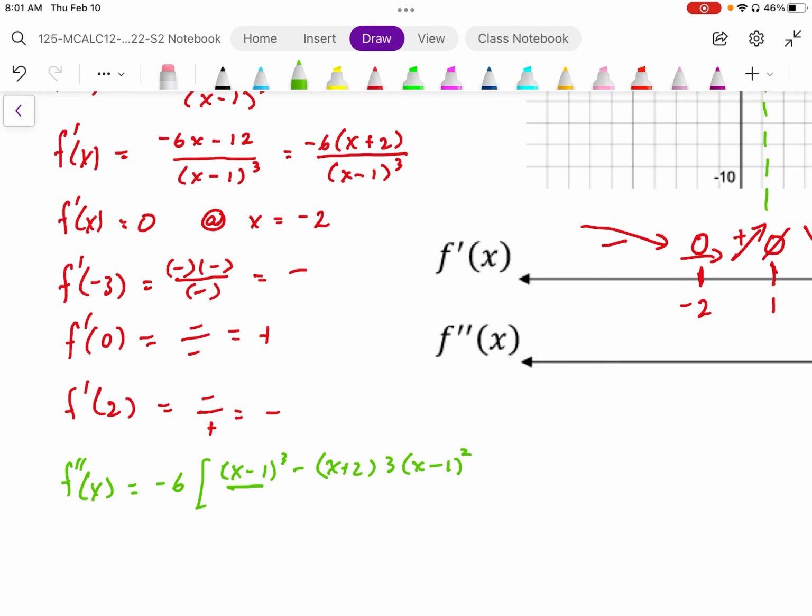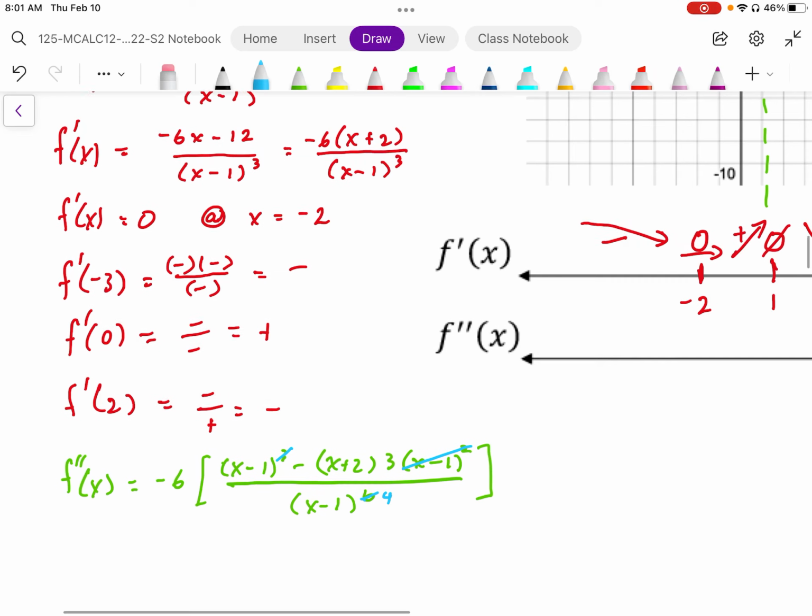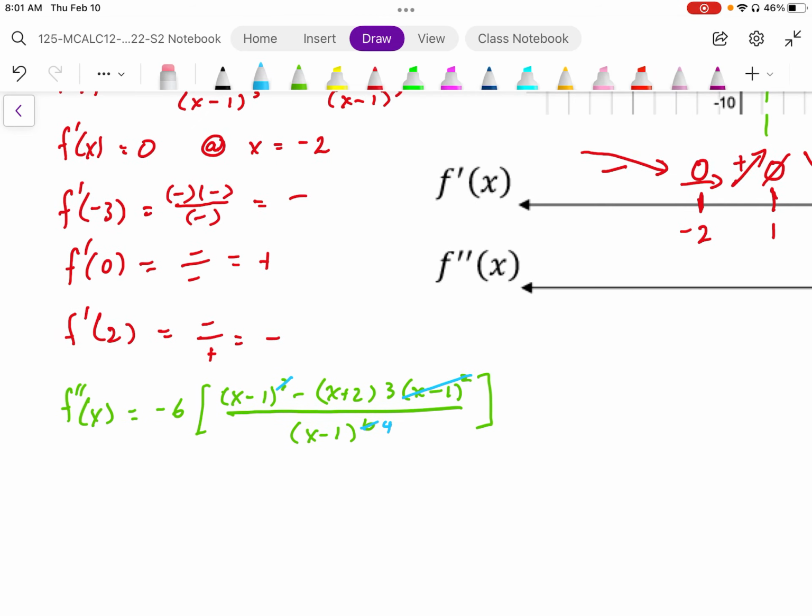Then dividing this, I'm going to end up with (x minus 1) to the power 6. If we want to avoid a lot of work, we can simplify the common factors. I have a common factor of 2, and a common factor of (x minus 1) squared, which I'm going to divide out of this to make this a more simple looking expression.